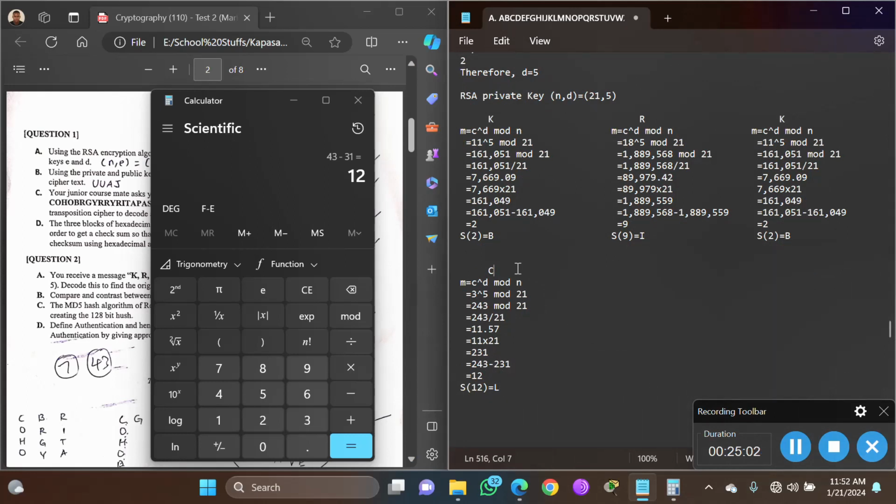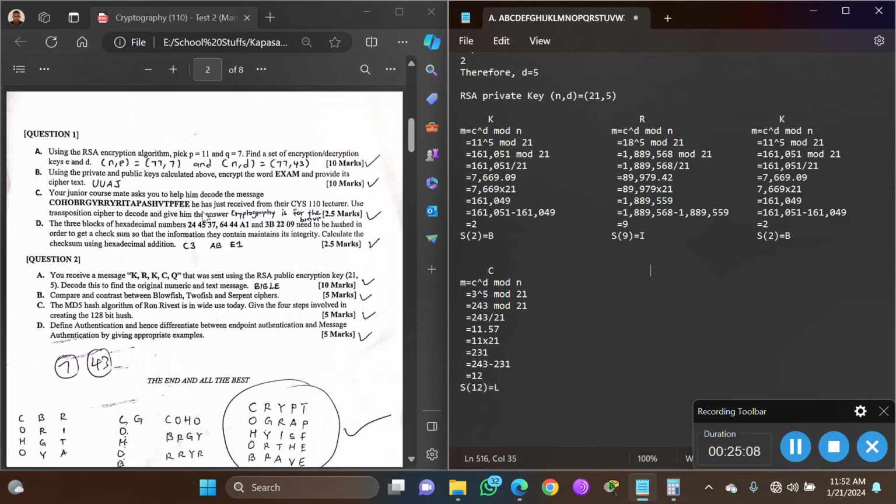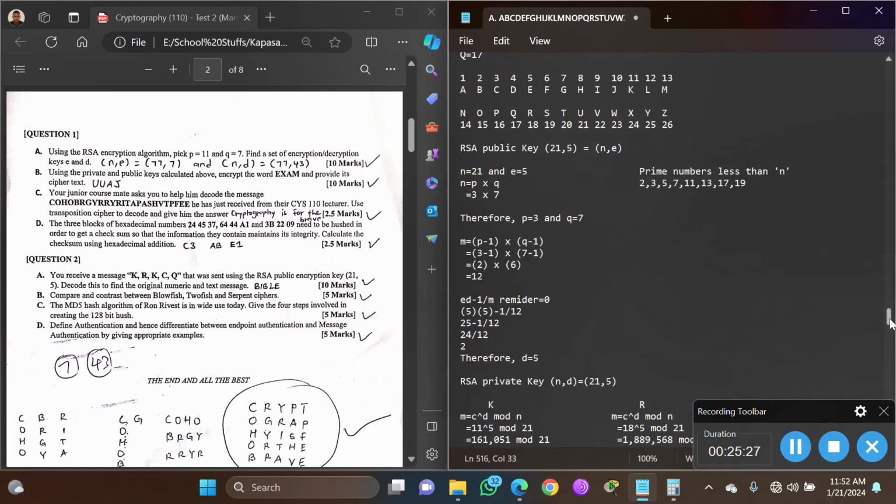Now one more time, we are coming to which letter? Q. So we have Q now. So let us decode Q. Remember, this is the formula for decoding. So Q on the alphabet is number what?